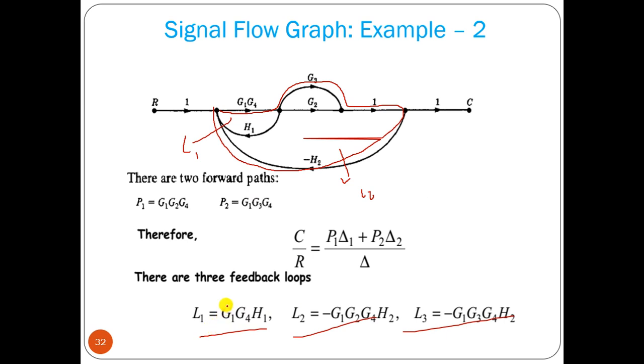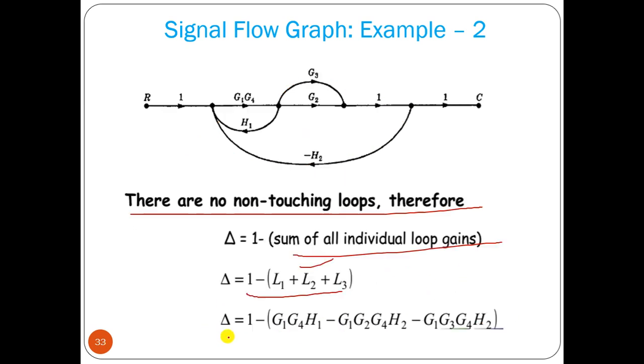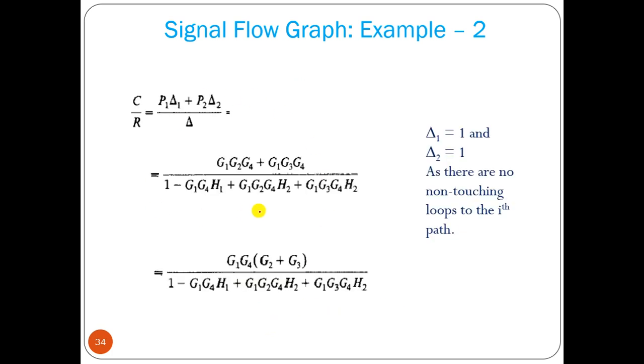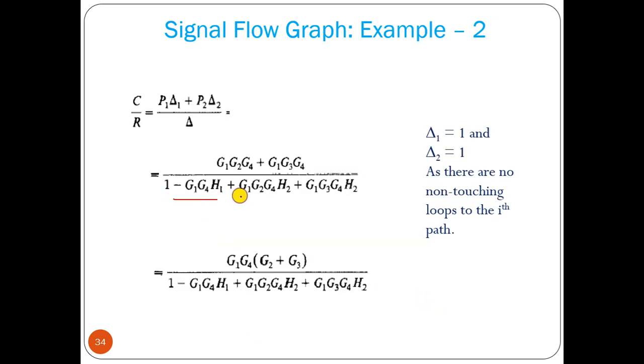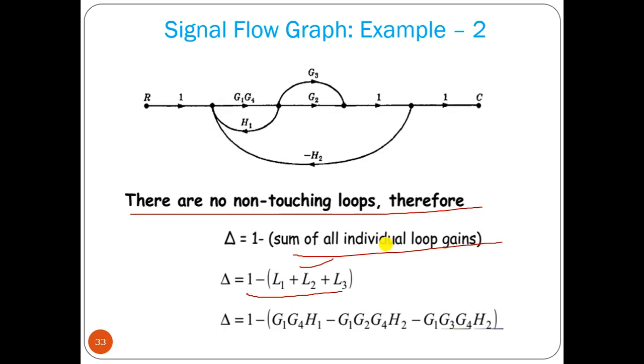So all the loop gains have to be put here. Loop 1 has a plus sign and these two have minus signs, so in the total formula it is 1 minus these, and these two become plus. And delta 1 and delta 2, what are their values? This is loop 1, this is loop 2, this is loop 3.